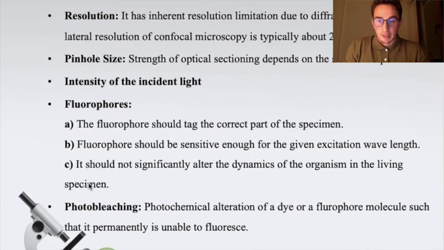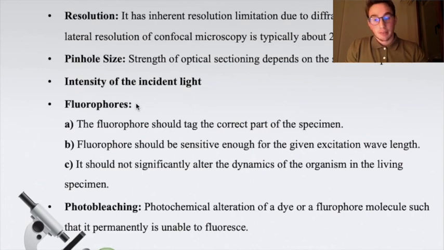What are the drawbacks? Resolution. It has an inherent resolution limitation due to diffraction. The maximum best lateral resolution of confocal microscopy is typically about 200 nanometers. Then the pinhole size: the strength of optical sectioning depends on the size of the pinhole and the intensity of the incident light.